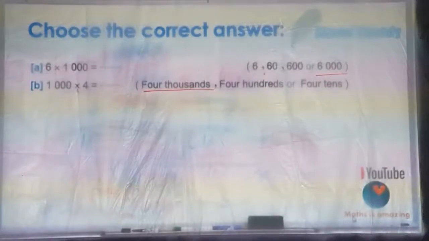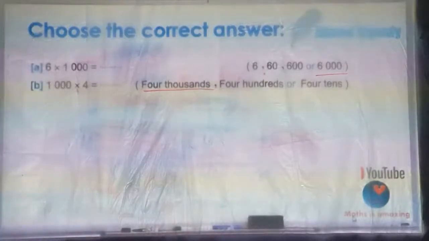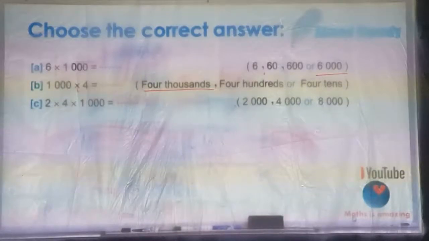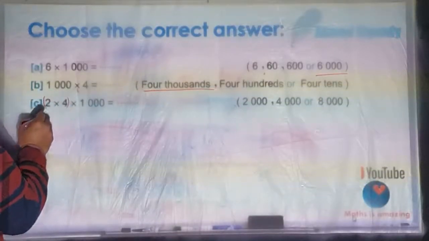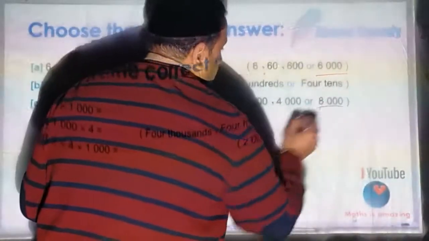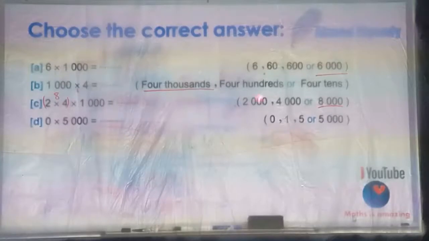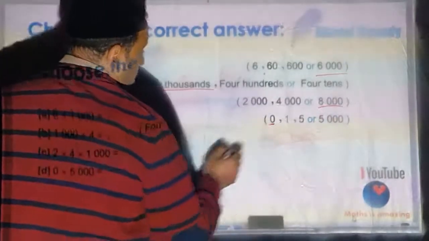Notice that here he doesn't ask for the result in digits, but in letters. Next, 2 times 4 times 1000. First we must multiply. 2 times 4 will be 8. 8 times 1000. Which one? 2000 or 4000 or 8000? Correct, it will be 8000. 0 times 1000 equals what? 0, 1 or 5 or 5000. 0 multiplied by any number will be 0.